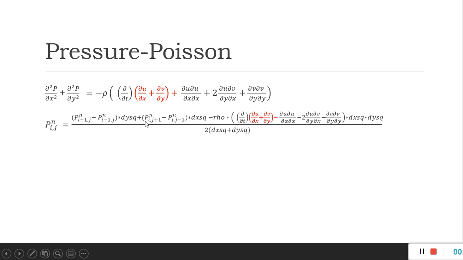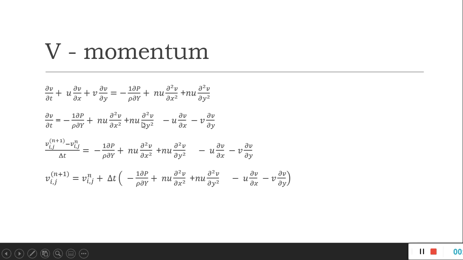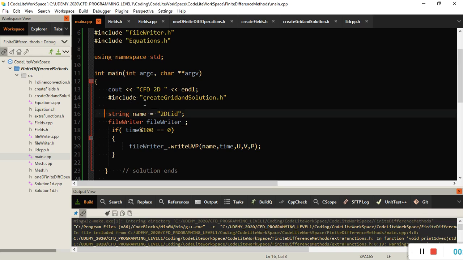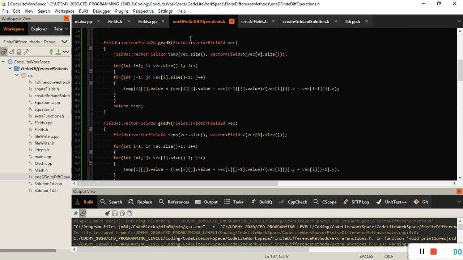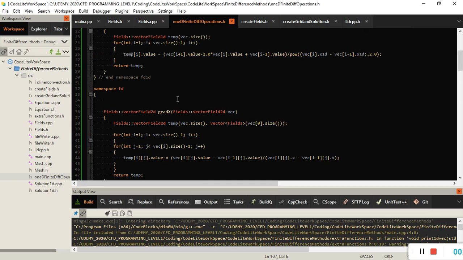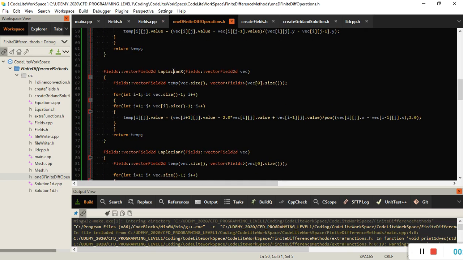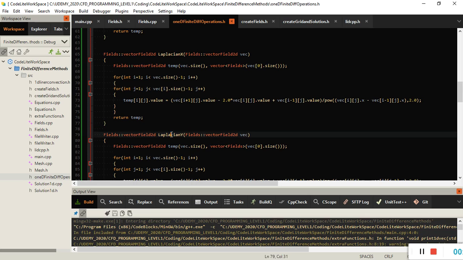coding part. So we've got everything that we need. Let's look at the code and we will discuss. In the finite difference separations, we already wrote the gradient of x, gradient of y, the Laplacian of x and the Laplacian of y.